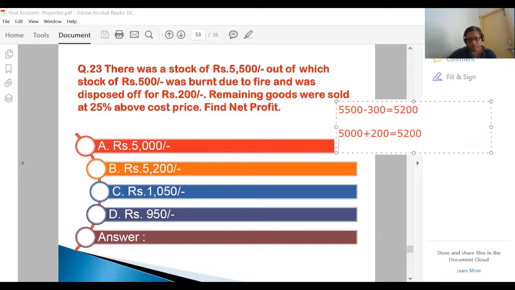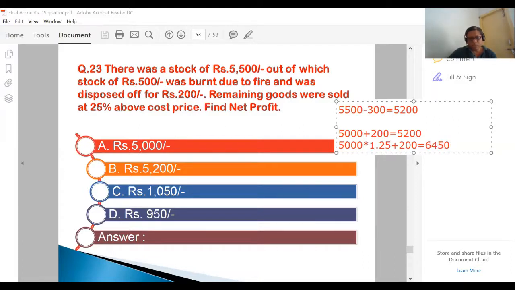On this 5,000 I have a profit, that is 1.25, 1.25 times. On the 200 there is no profit. So 6,000 450, 6,450.